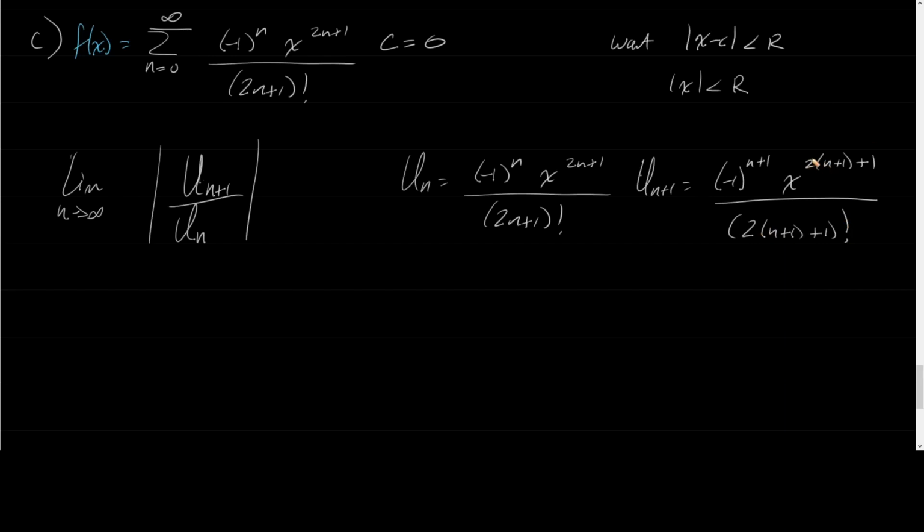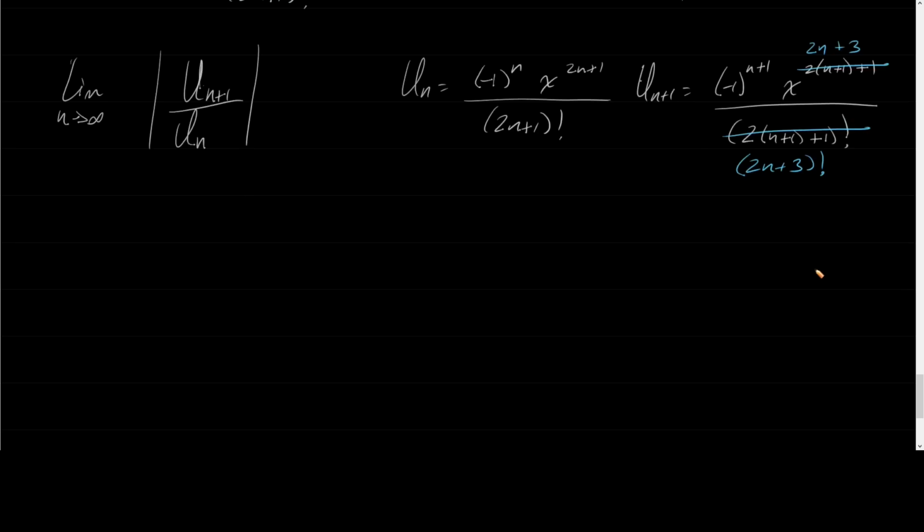But now let's see. 2 times n is 2n. 2 times 1 is 2, plus 1 is 3. So we really have 2n plus 3 there, and for the same reasoning, (2n plus 3) factorial. Now, what are we going to do?